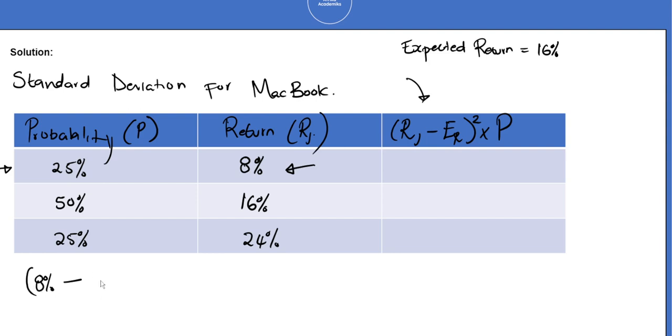So we'll say 8% minus the expected return, which is 16%, to the power 2 times the probability, which is 25%. All right? So remember, this calculation is the one which can be confusing. And then the answer that you will get here is 0.16%. So this one, I'm definitely going to show it on the calculator on the screen so that everyone can try to follow.